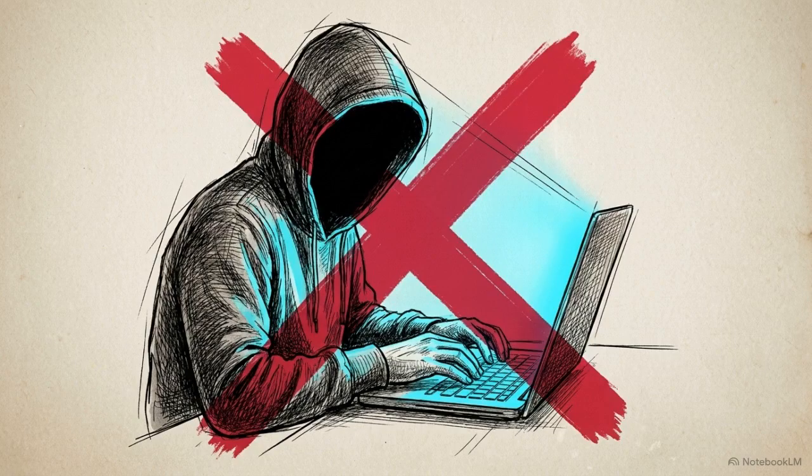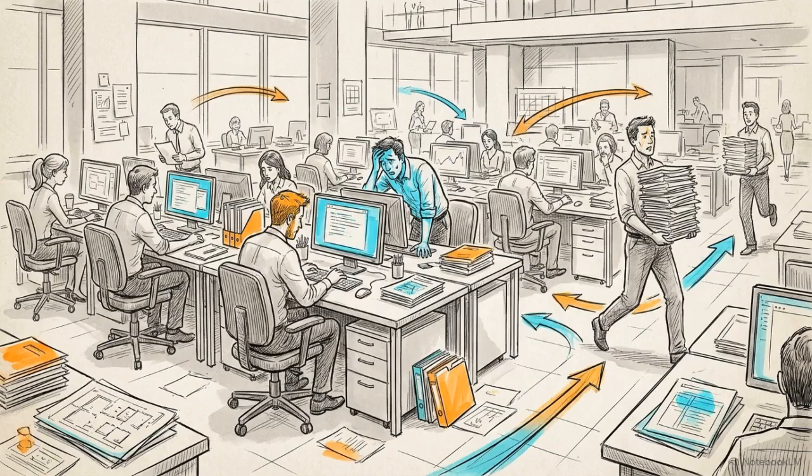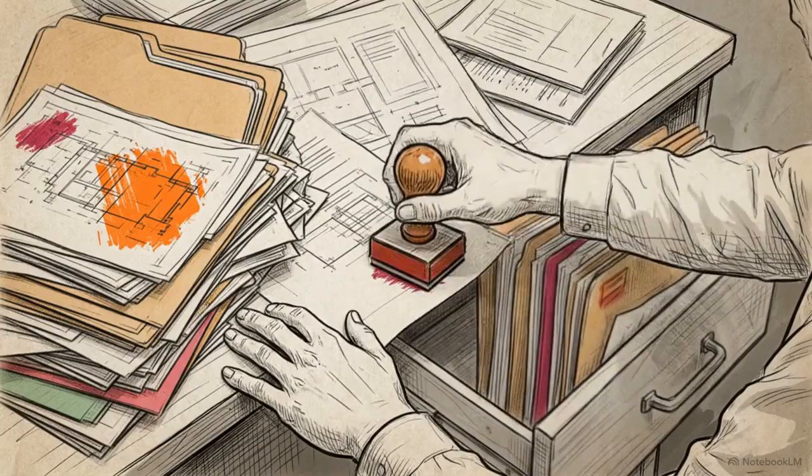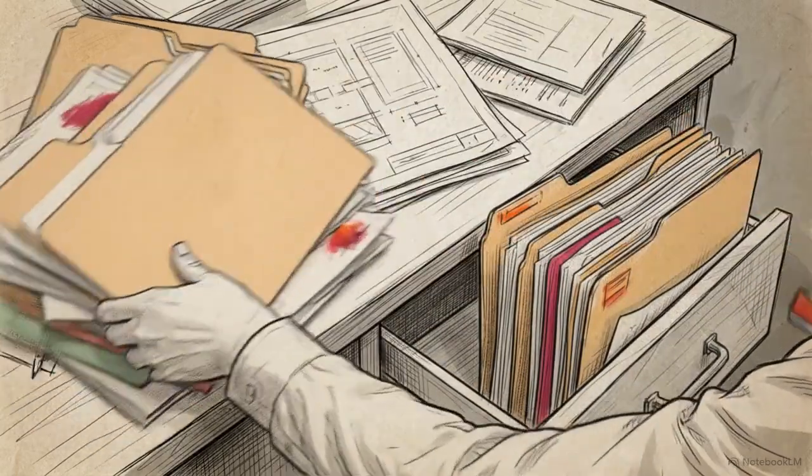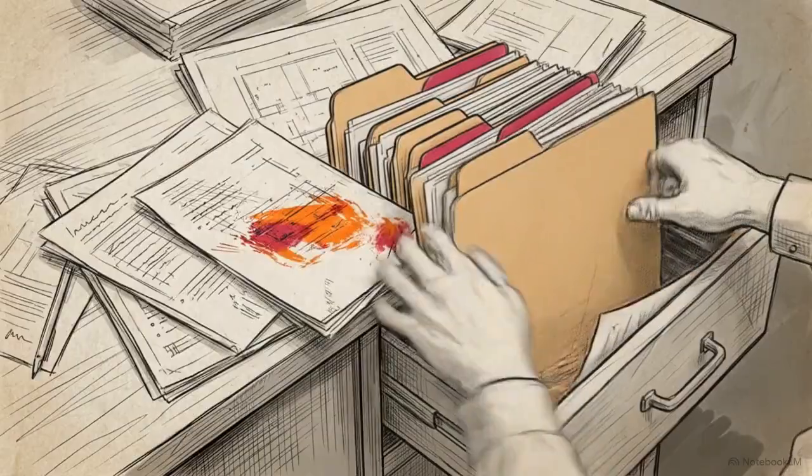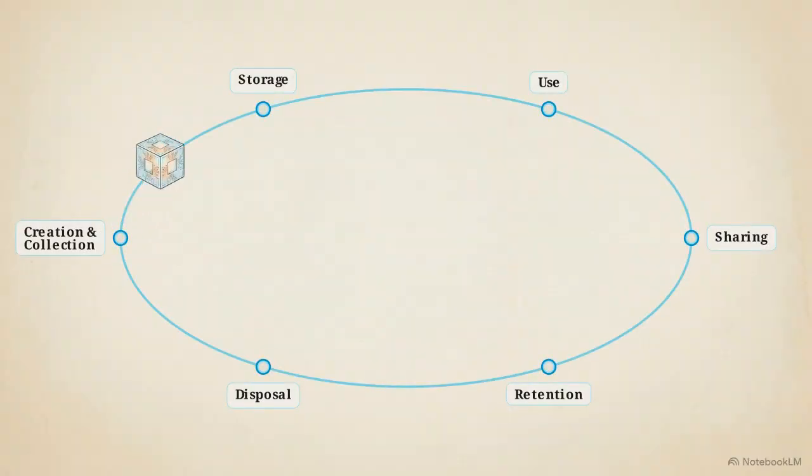The most devastating information lifecycle failures are rarely caused by attackers actively breaking in. They are caused by the friction of normal, everyday work routines. Employees cutting corners to save time, forms capturing too much data, and old files left forgotten in shared drives. Securing data requires a continuous architecture.